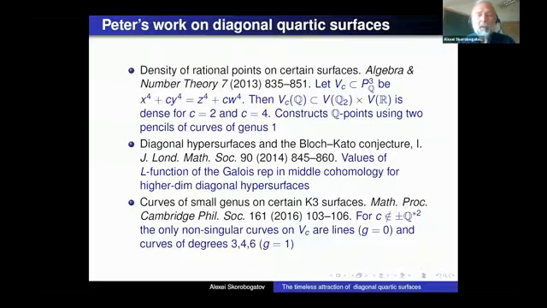Available methods for constructing rational points on such surfaces all depend on either rational curves or curves of genus 1, elliptic curves, where we can have infinitely many points. So when we want to prove density of rational points or prove that there are infinitely many rational points, what else can one use apart from rational curves or elliptic curves?